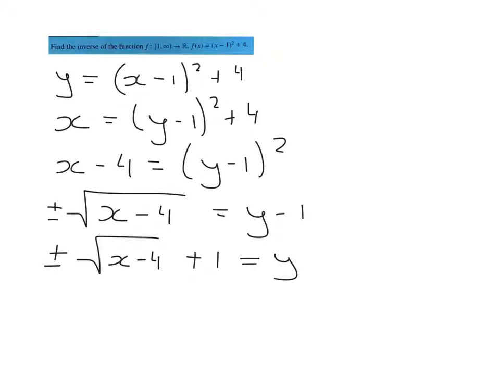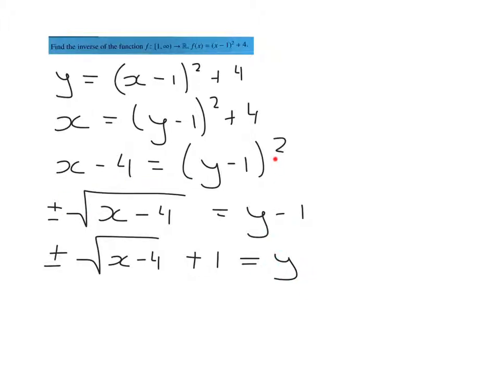Now, the first step is to calculate the inverse, which I will do the way I showed you in the previous two examples by swapping the x and y and resolving for y. So here you have the steps. I've written down the equation in original form. As before, instead of using f of x, I've used y. I've manually swapped the x and y, and then I have resolved one step at a time to find y by itself.